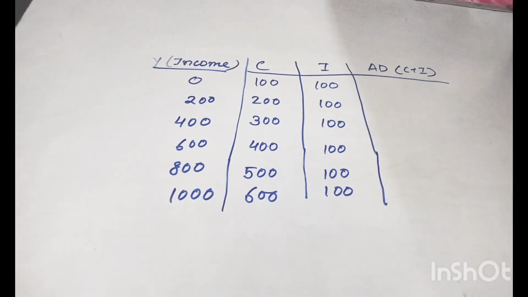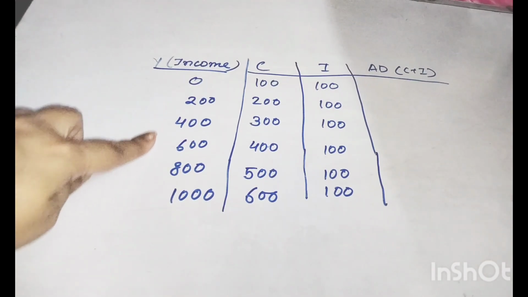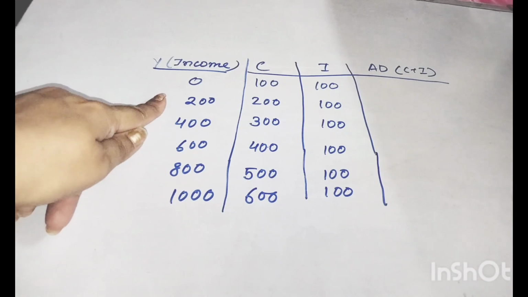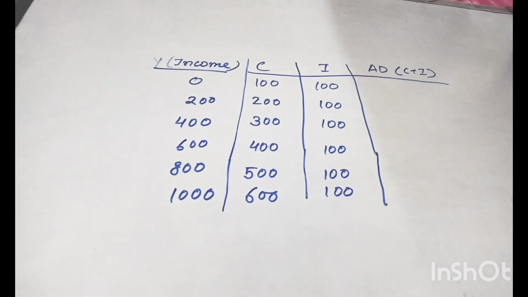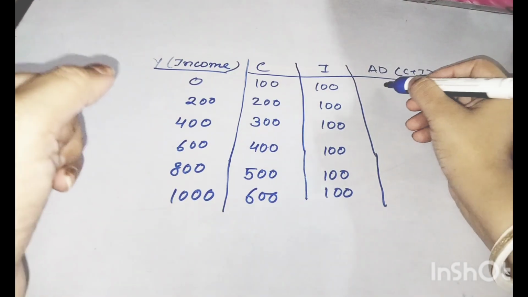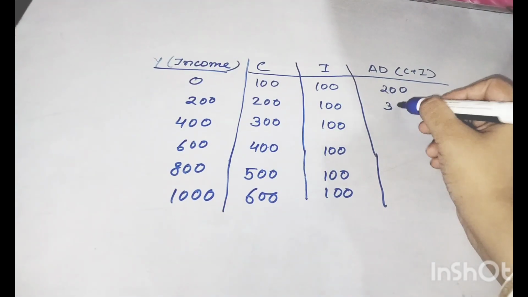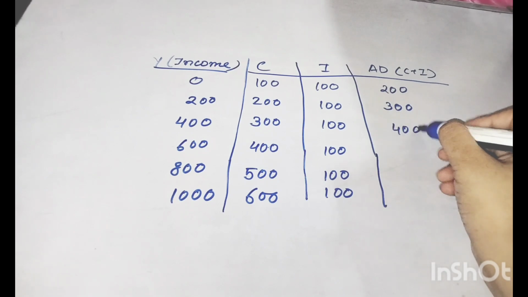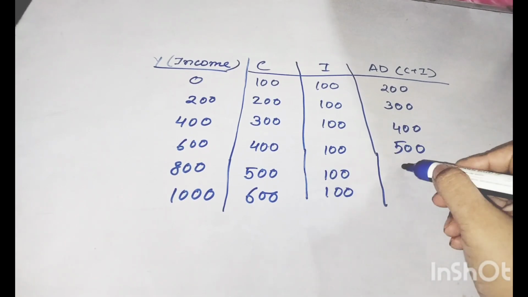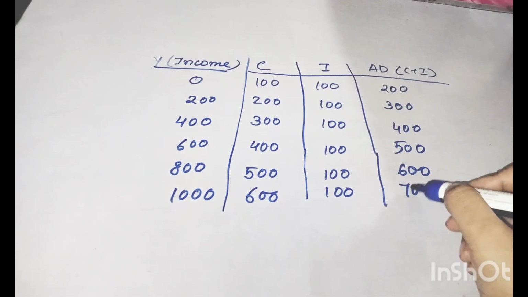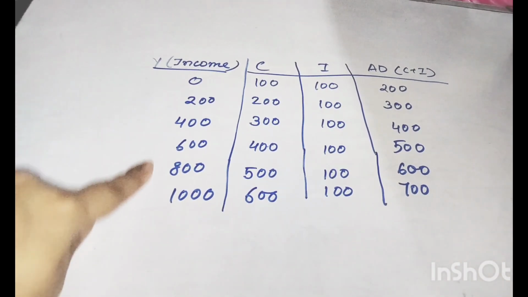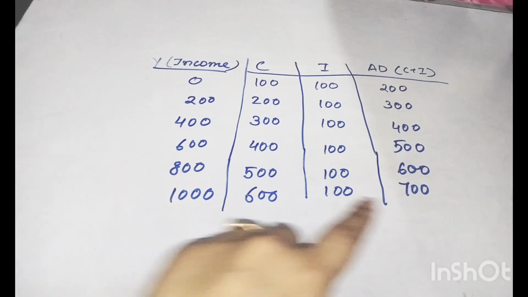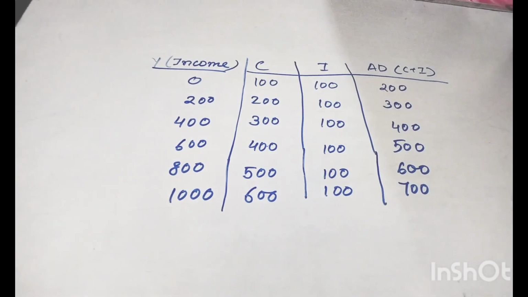And next, what can we observe from here? Your income is termed as Y. As your income increases, your aggregate demand also increases. Suppose we add C plus I, here 200, 300, 400, 500, 600, 700. As your income increases, your aggregate demand is also increasing.